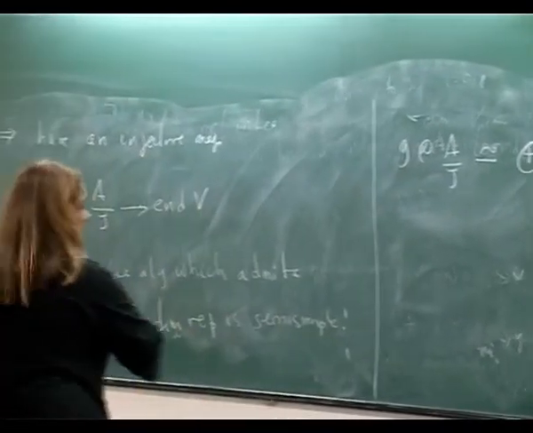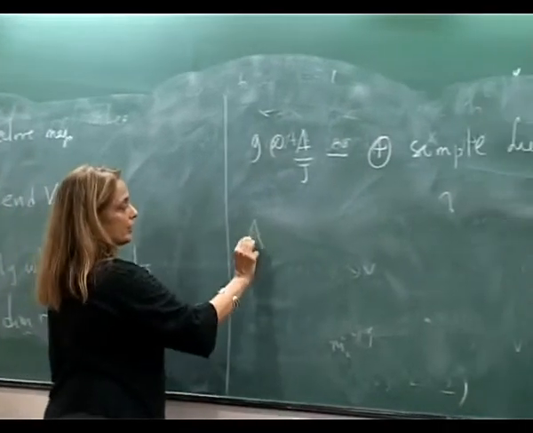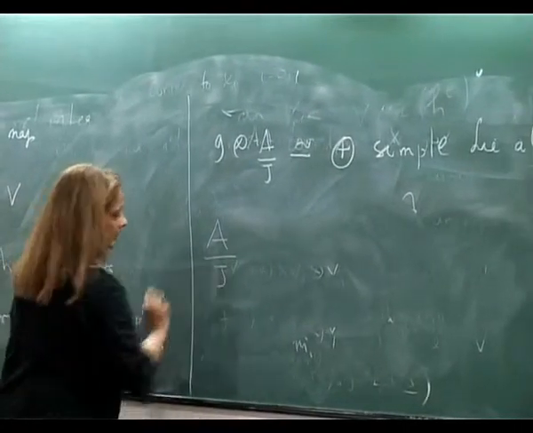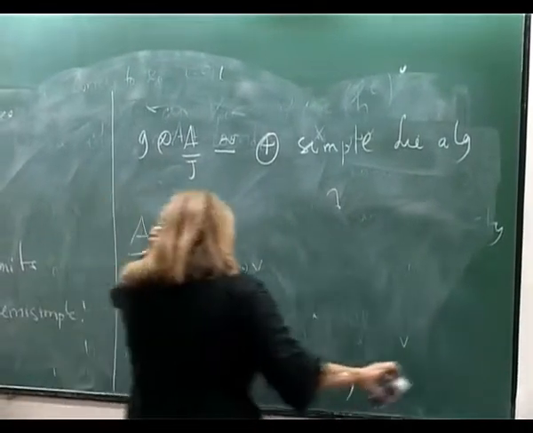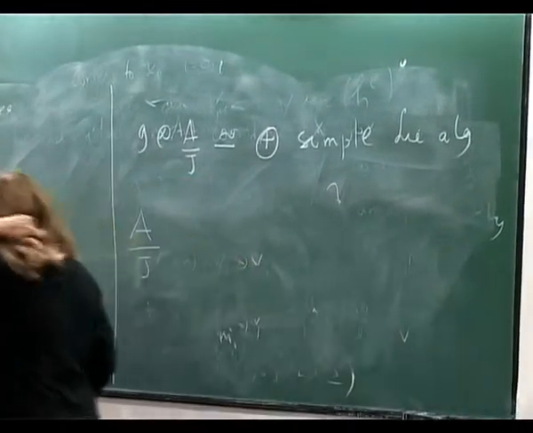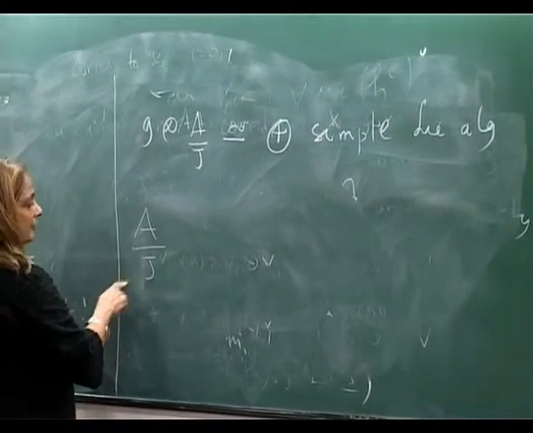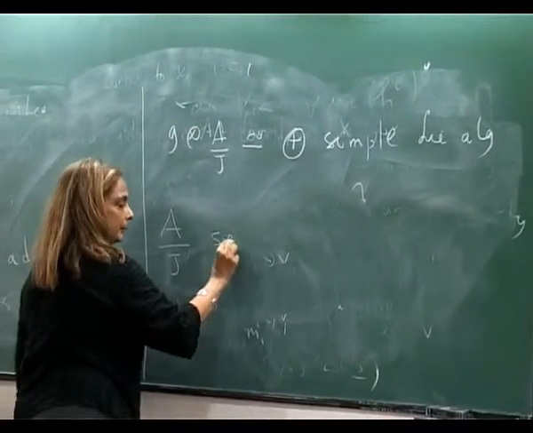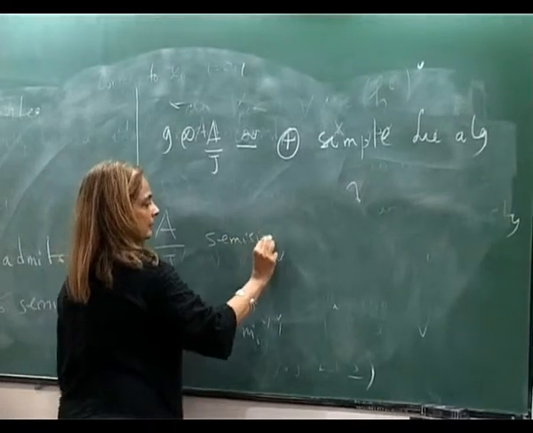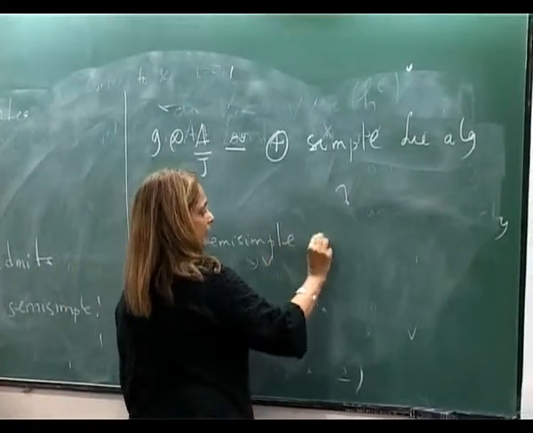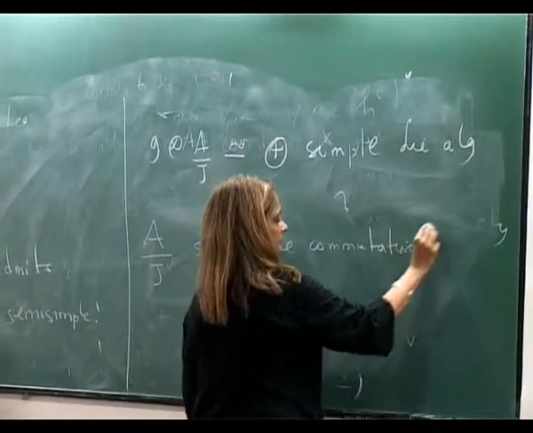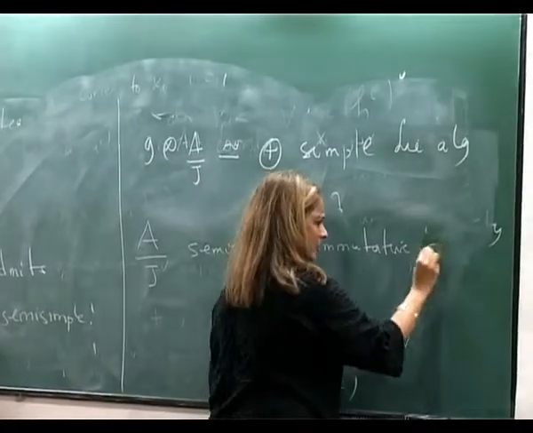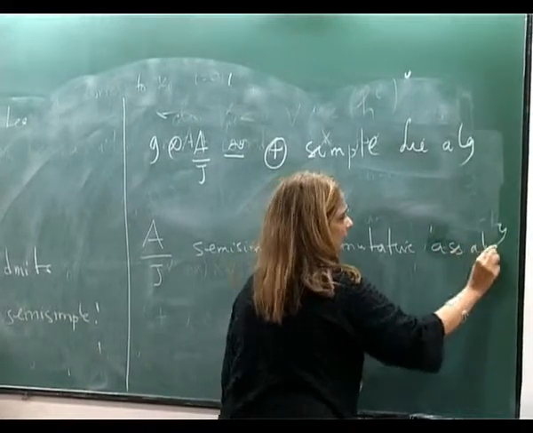So for that, let's look at this algebra A by J. Basically what one proves is that A by J is a semi-simple commutative associative algebra.